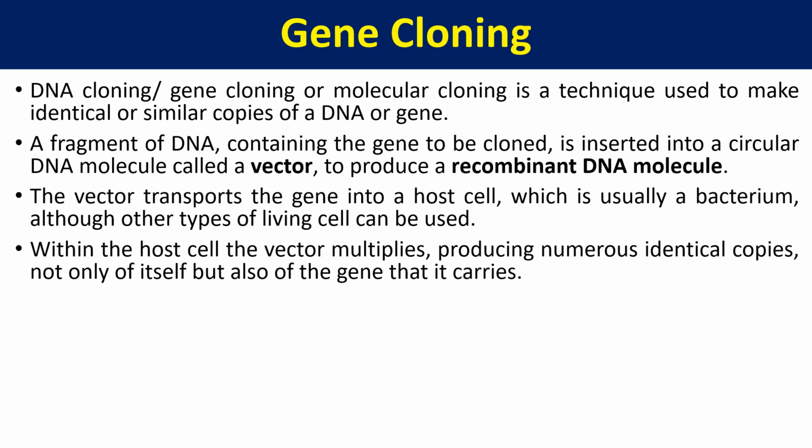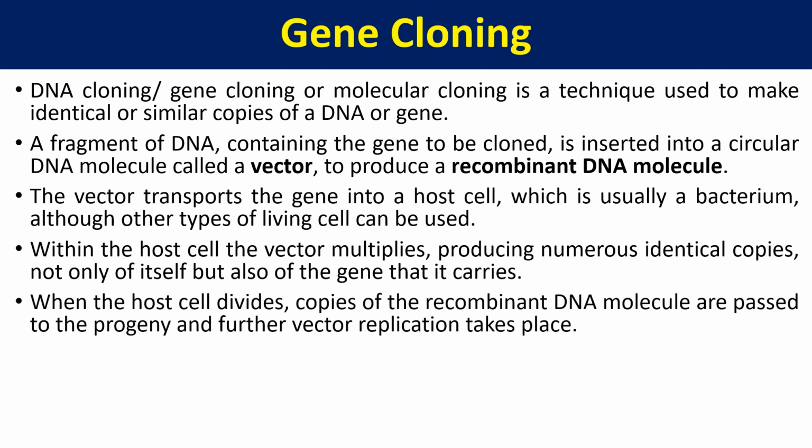Then once this recombinant DNA is transported into the bacterial or host cells, the vector multiplies, producing numbers of identical copies, not only of its own but also of the gene which it is carrying, that is the gene of interest. So multiple copies of the gene of interest we are going to get through this process.